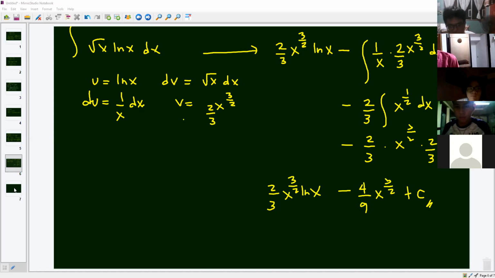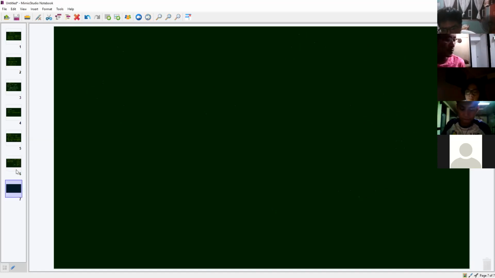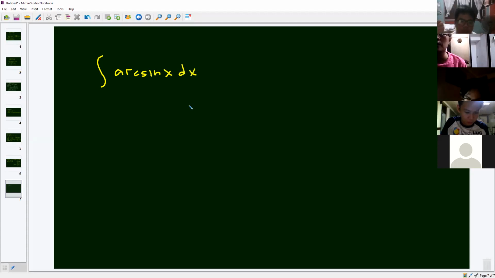Let's have another. I'll try to connect this to a topic that we had. What about this? There. So we know an integral that will lead to arc sine.